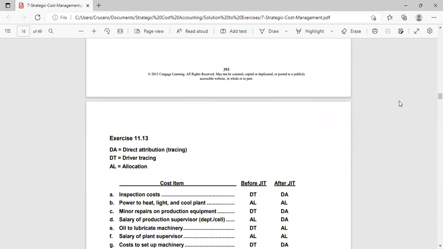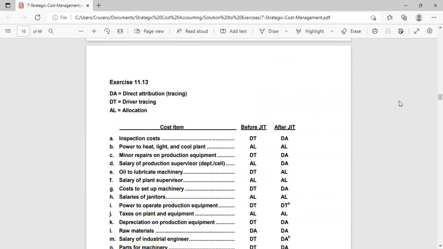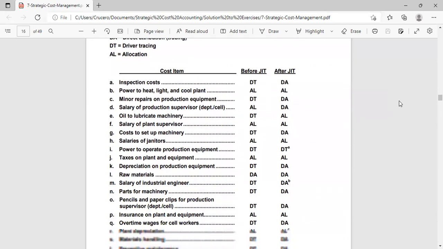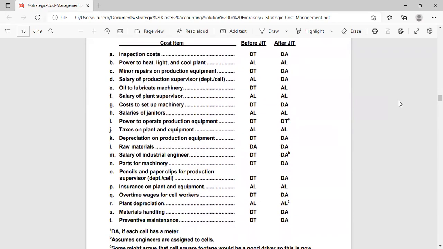Next is number 13. We have DA if it is direct attribution, DT if it is driver tracing, and AL for allocation, which we are going to indicate before and after JIT. DA if each cell has a meter. B assumes engineers are assigned to cells.